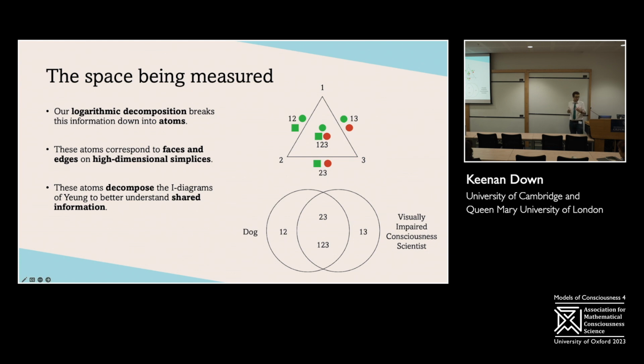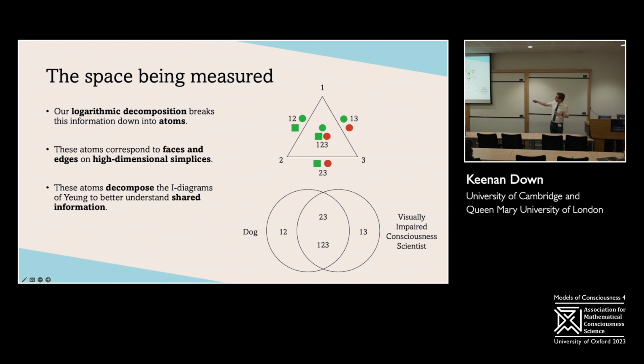So when we're looking at how we break this down, this logarithmic decomposition is breaking stuff down into atoms, little pieces. We said we're breaking it down so we can put it back together again. And all of these pieces correspond to the faces and the edges on high-dimensional triangles. Sounds a bit overcomplicated, but actually they have a very nice operational interpretation.